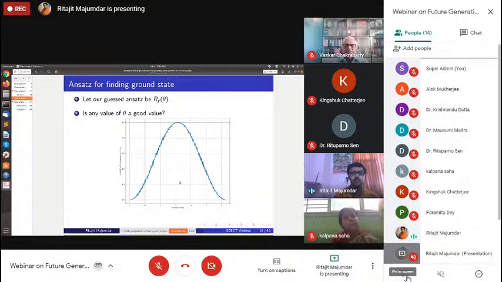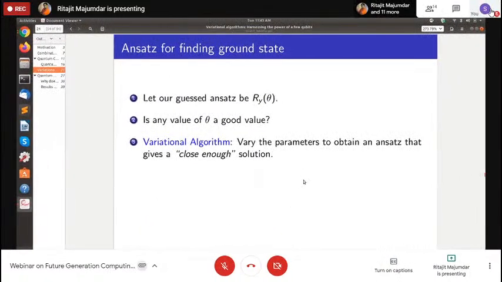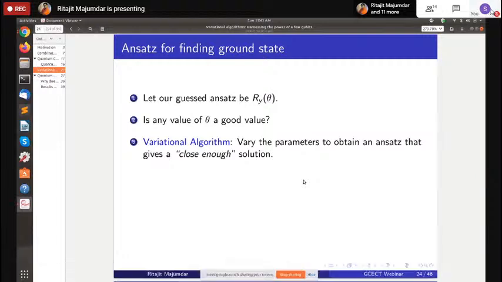With certainty you will get quantum state 1 if you can apply theta to be 3 point something. So this is the idea of a variational algorithm: you start with a guess, then you see how good your guess is, then you start changing the value of these parameters so that your solution comes close enough to the actual solution. Why are we saying close enough?